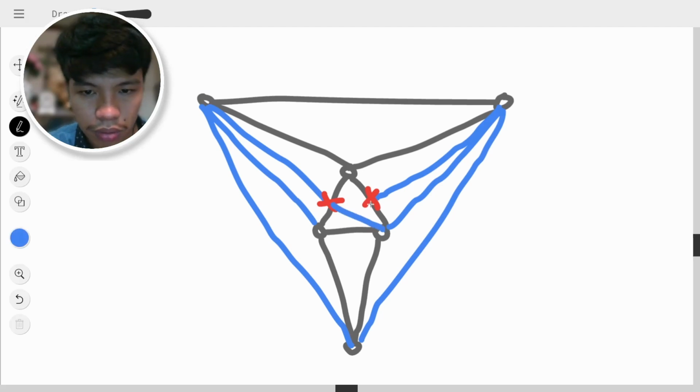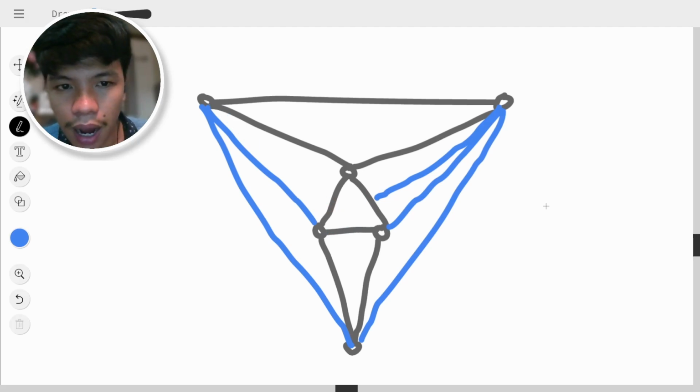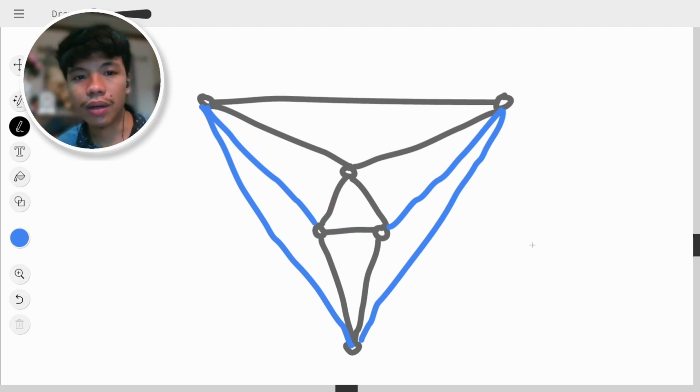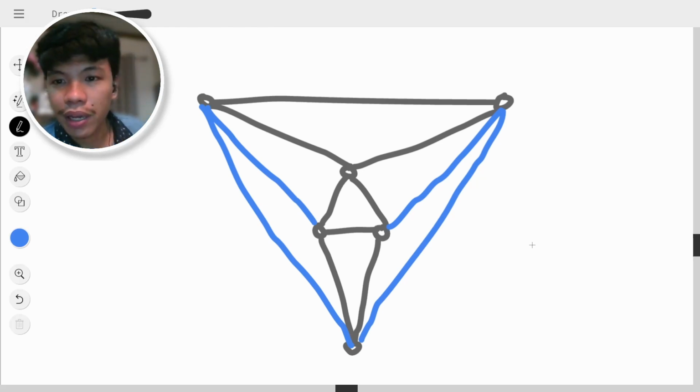So there are no more non-adjacent vertices that we can connect without resulting in a non-planar graph.